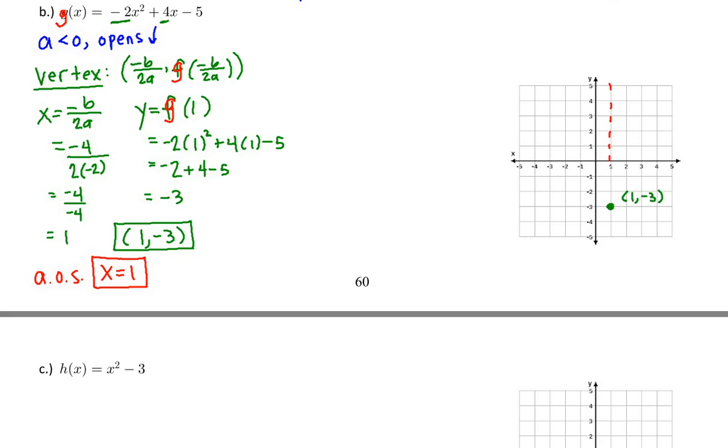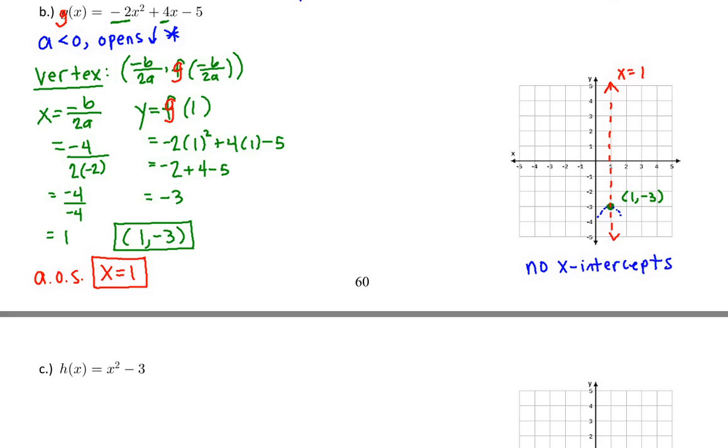Now I like to go ahead and plot my vertex and axis of symmetry before I work on x-intercepts, because if we're paying attention to what we learned about the orientation of this parabola, that is, the parabola opens down, it's going to save me a little bit of work. If my vertex is here below the x-axis and I can see my parabola is going to open down, then we can observe there's going to be no x-intercepts for this graph. So I can completely skip that work.